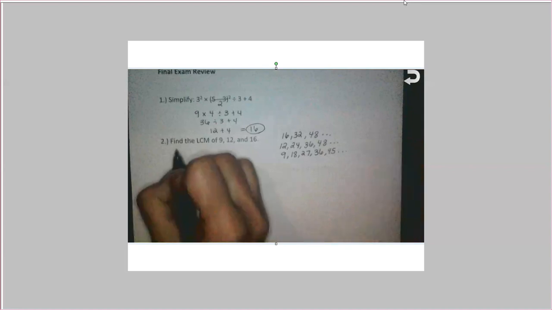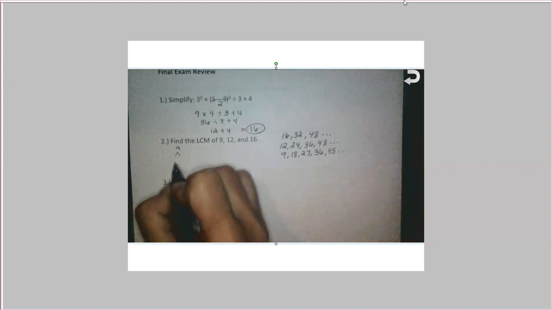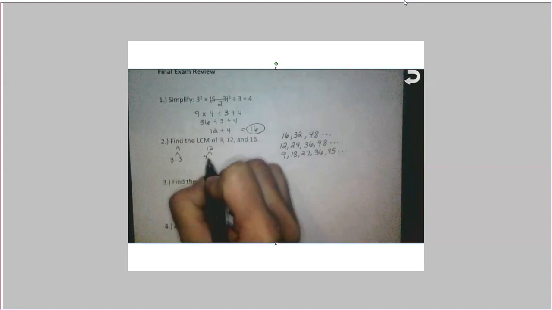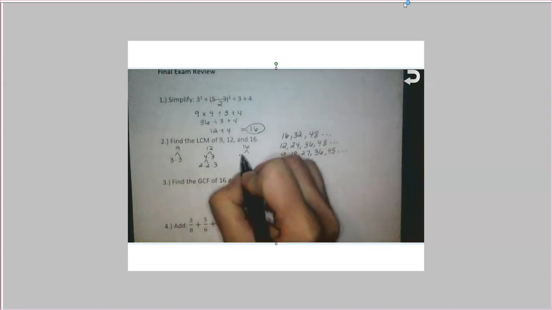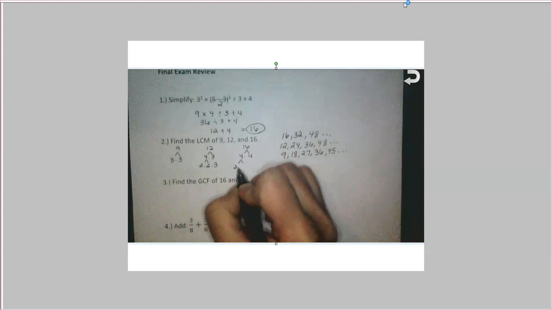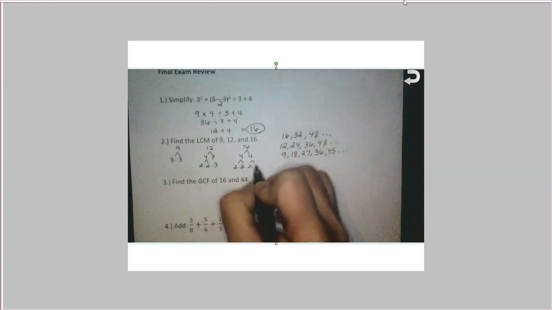And to do that, that was how we found the prime factorization. 9 is 3 times 3. 12 is 4 times 3, which is 2 times 2 times 3. And 16 was 4 times 4, which is 2 times 2 times 2 times 2.